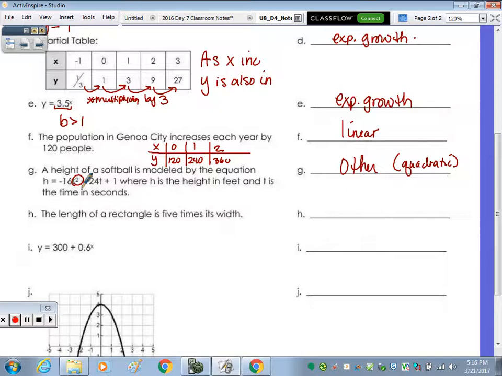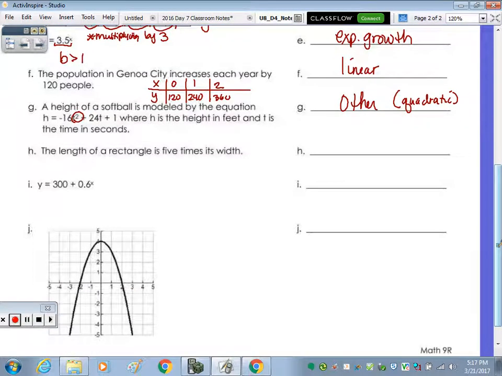H, the length of a rectangle is 5 times its width. Okay, so we have a rectangle, the width is x, the length is 5 times x. So if we look at this in terms of a table, okay, so x and y, so if we say x is the width, right?